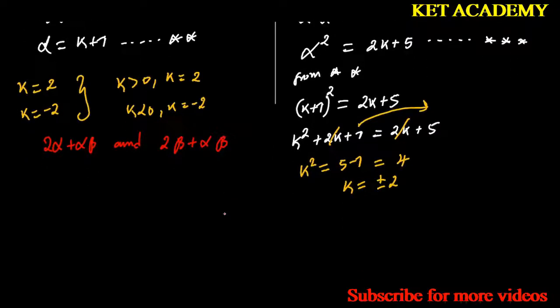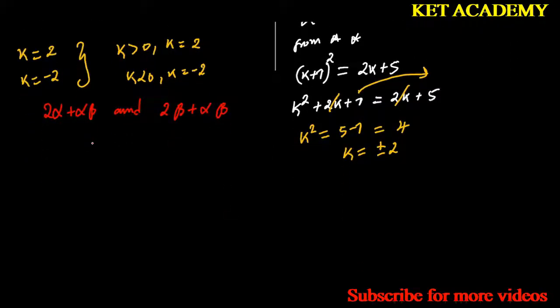Now we need to work with that, but for k strictly greater than 0, what we need to do here is take our k, which is 2, and substitute in our original equation.